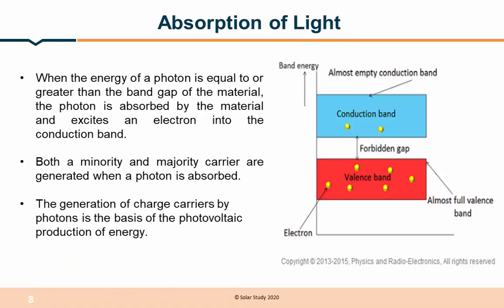This generation of charge is the basis for the production of electricity, and this p-type and n-type combination is called a p-n junction or p-n junction diode. This basic p-n junction formation is the basis for making a solar cell. A solar cell also contains p-type material and n-type material bonded together.